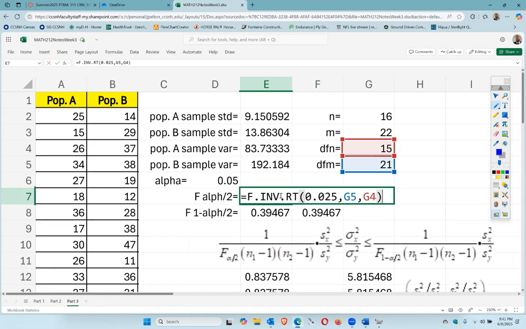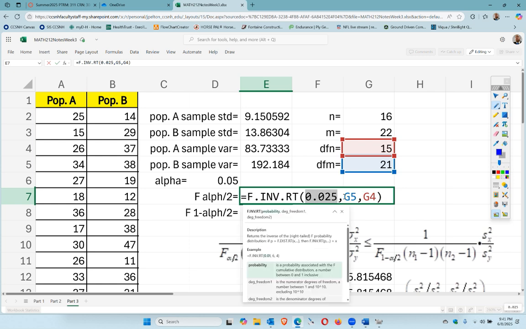So I need to do an F inverse right tail to get the F value on that x-axis of 0.025, with the numerator and then the denominator there. And if you notice that this one right here is bigger, let's see if I can draw that.